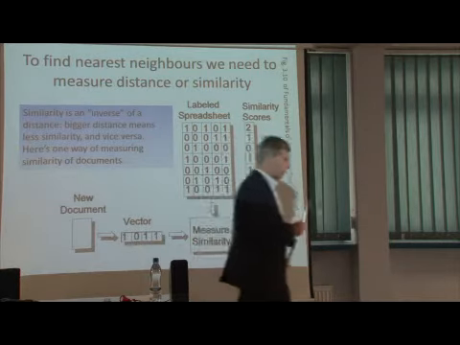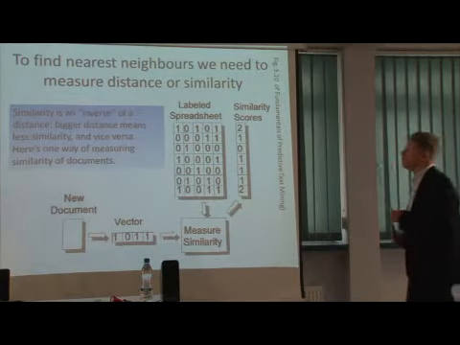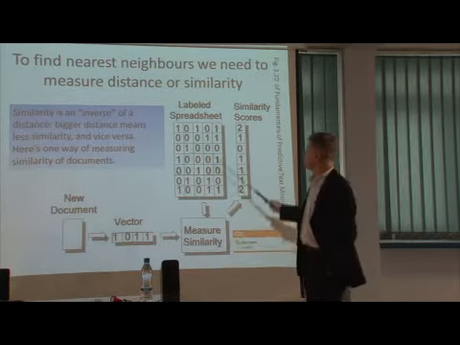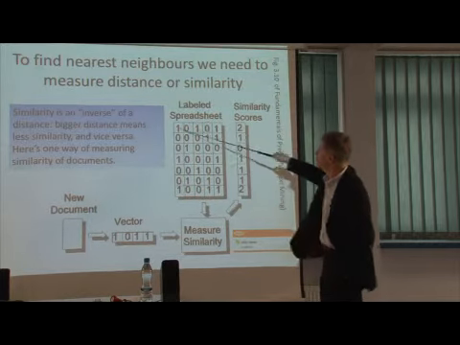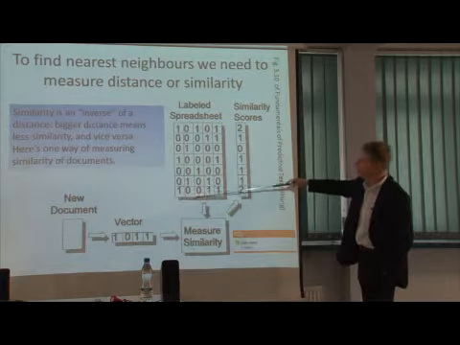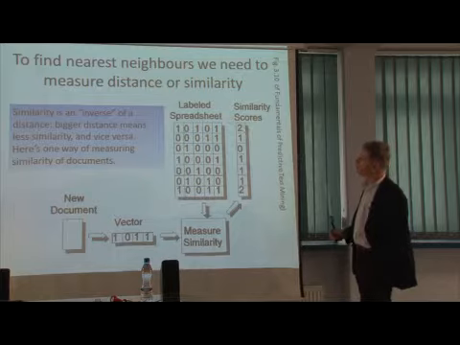Instead of measuring distance, we can measure similarity directly. So, for instance, if we have these documents, okay, so we have a term document matrix here, and these are the categories of the document.